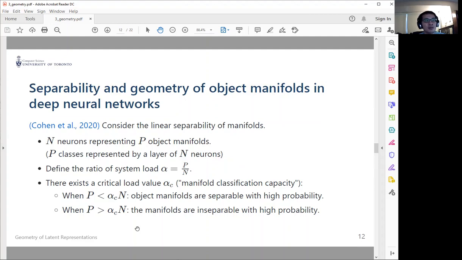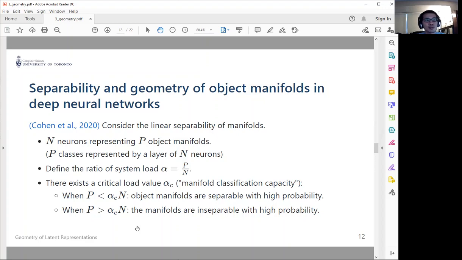Say a layer contains n neurons and they want to represent p classes. In this setting, the n neurons represent p object manifolds, and they can define the ratio of the system load alpha to be p divided by n.